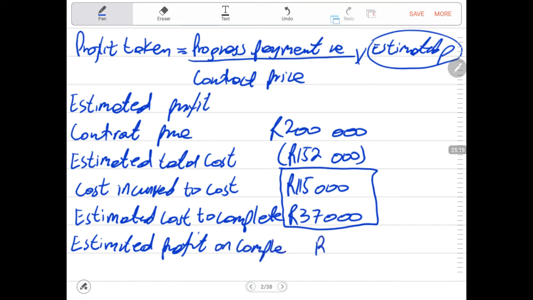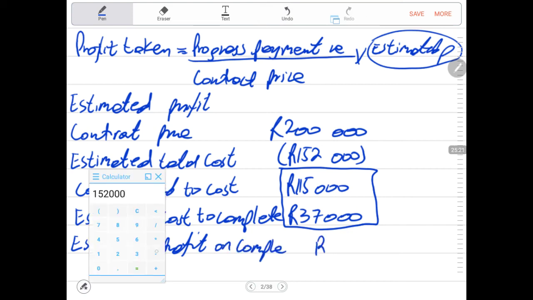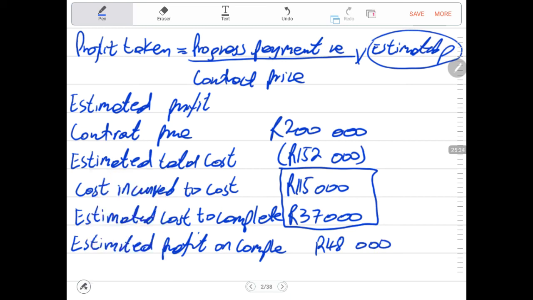We are estimating that on completion we are going to make a profit of 48,000 rands, meaning the total profit for the entire contract we expect it to be 48,000 rands. It is still estimated, not actual.